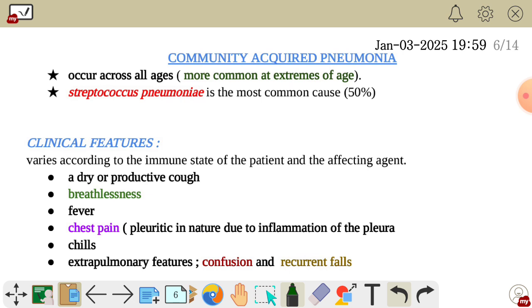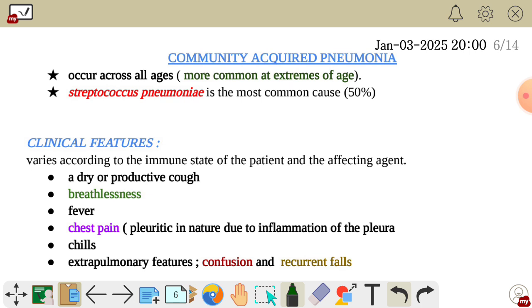Okay, so now let's move on to community acquired pneumonia. So under the setting where the pneumonia was contracted classification, we said we had community acquired pneumonia. So community acquired, as it explains itself, is acquired in the community.